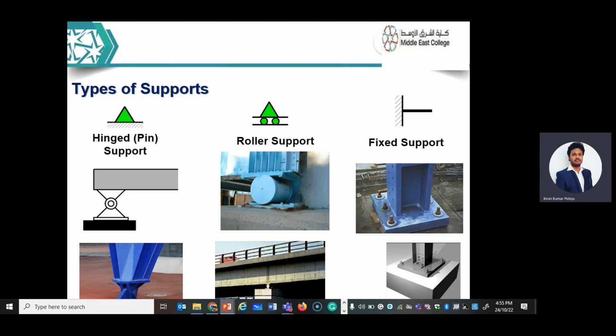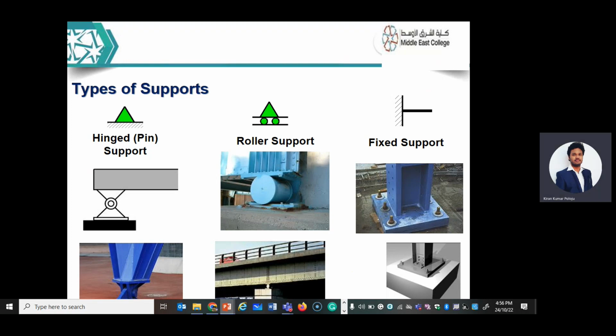Sometimes the beam is just supported, that is called simple support or hinge or pin. And sometimes a beam is resting on a roller. That is called roller support. So there are three types of supports: pin or hinge, fixed and roller.